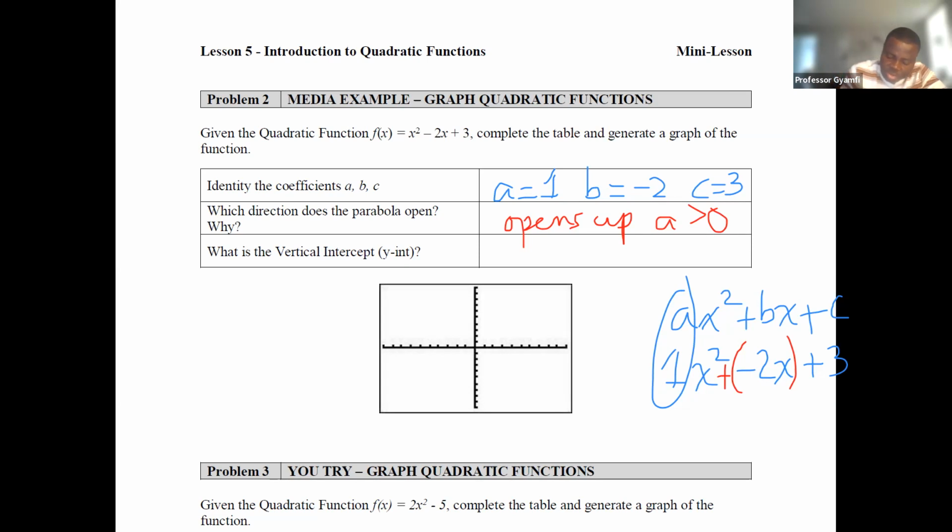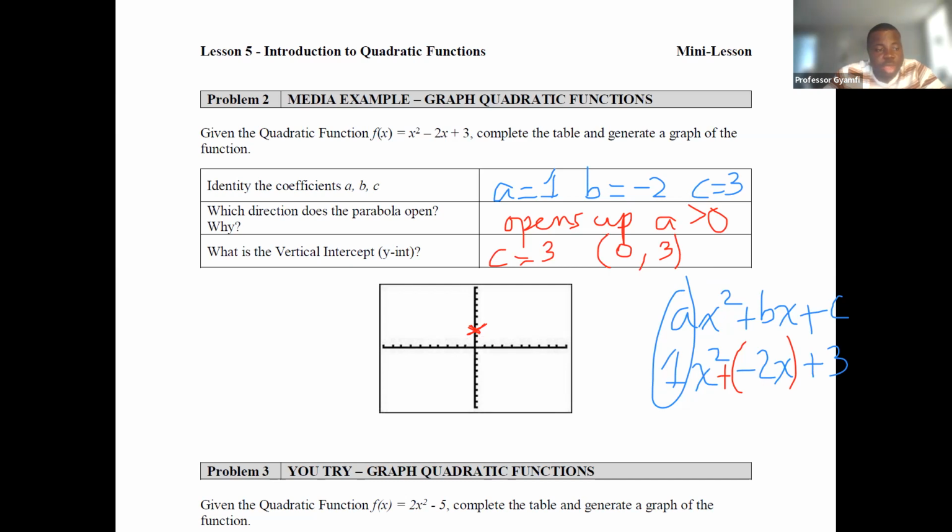Again, remember c equals 3, so we have 0, 3. Now I have to draw the graph. So how do I draw this graph? Remember that we've got our y-intercept, which is 0, 3, so that is going to be somewhere here, 0, 3.